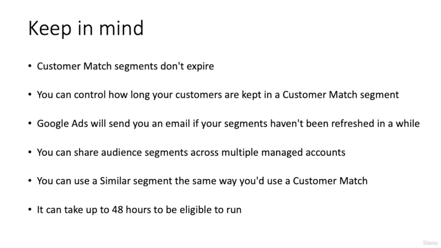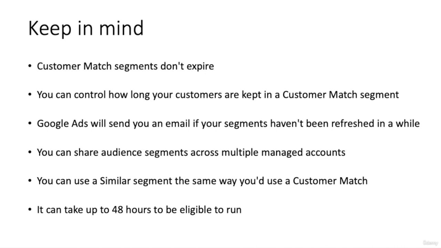And you can share your audience segments across multiple manager accounts. If you have a customer match segment, a similar segment in your manager account, or a client account shares their customer match segment or similar segment with your manager account, these similar segments will be automatically created if your customer match segment meets the minimum eligibility criteria from Google.